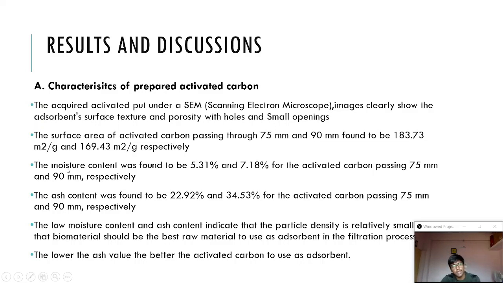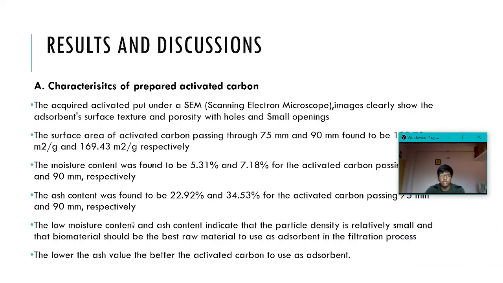The moisture content was found to be 5.31 and 7.18 for the activated carbon passing through 75 mm and 90 mm respectively. The ash content was found to be 22.92% and 34.53% for the activated carbon passing through 75 and 90 mm respectively.